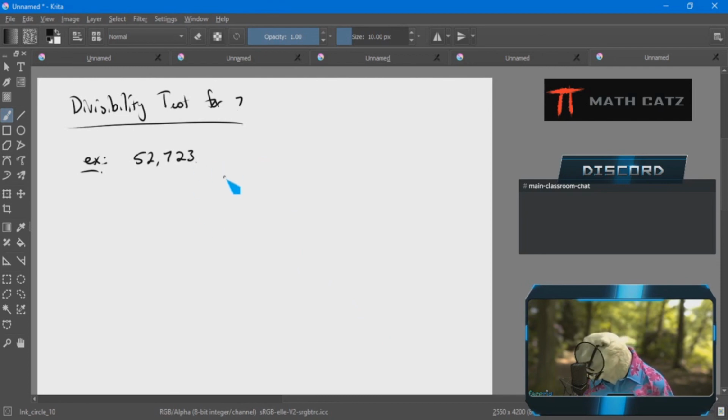How it works is, I am going to split this number up. I'm just going to cut off the last digit. There it is. And then I'm going to take the number as if that last digit was never there, and then I'm going to subtract that last digit times 2.